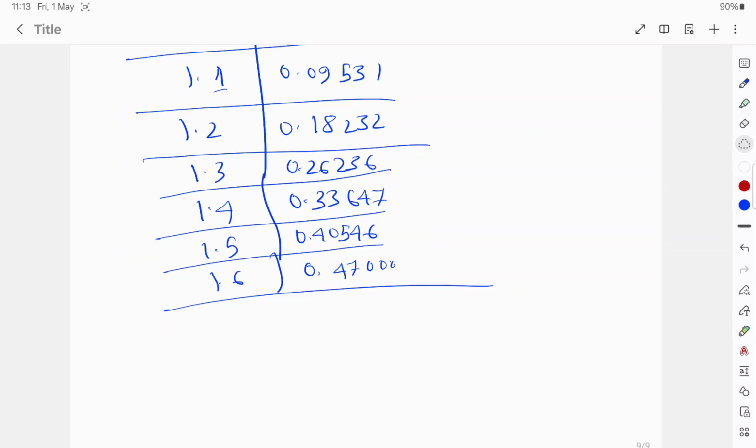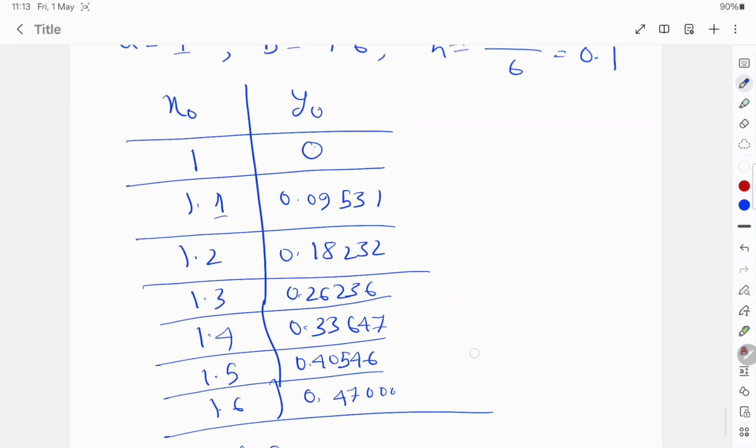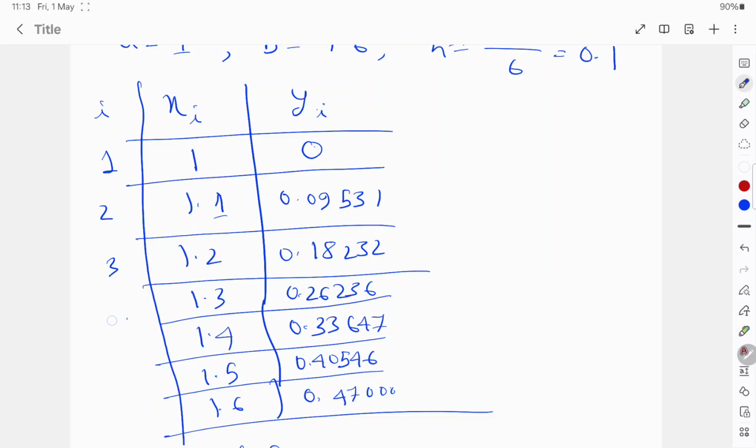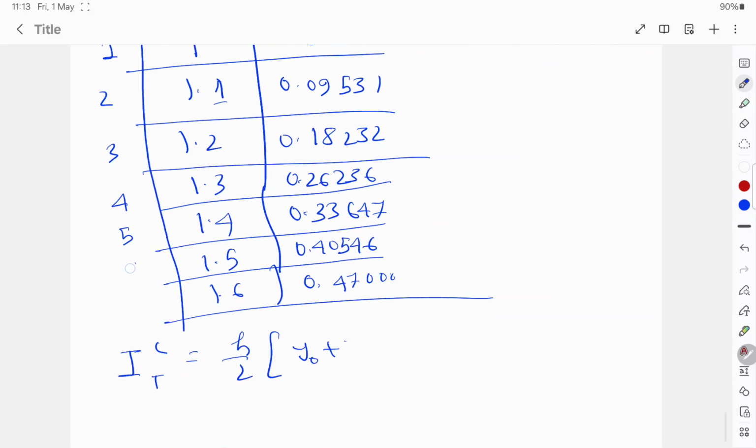So what will be the integration value? The integral will be h by 2, where h is 0.1. You can write the formula once. This is your xi, this is yi. It is your choice, accordingly you write.